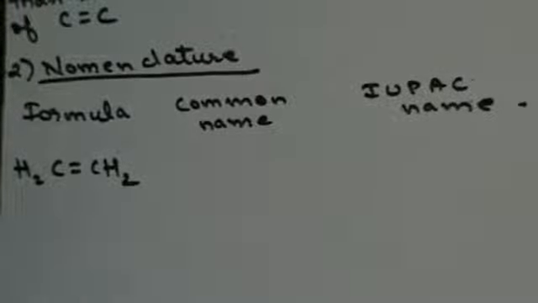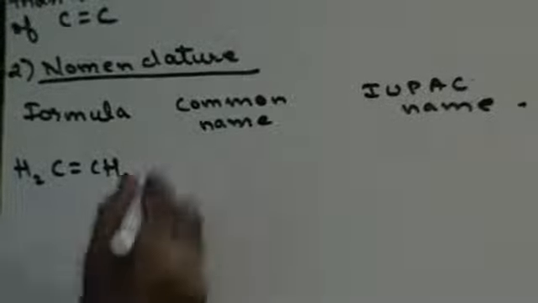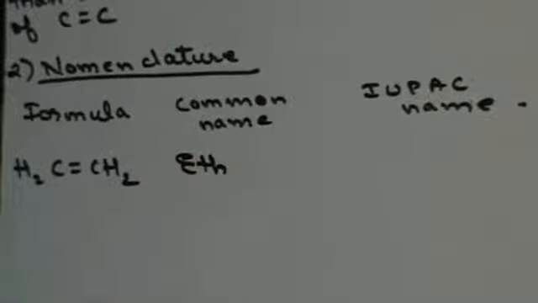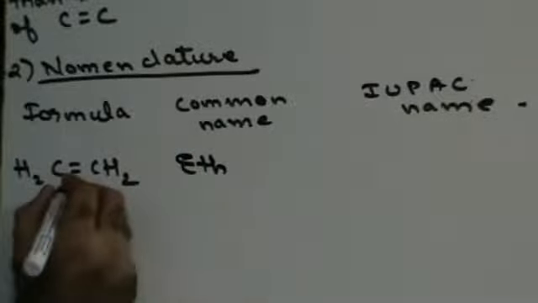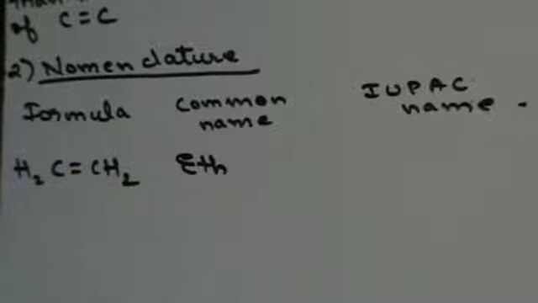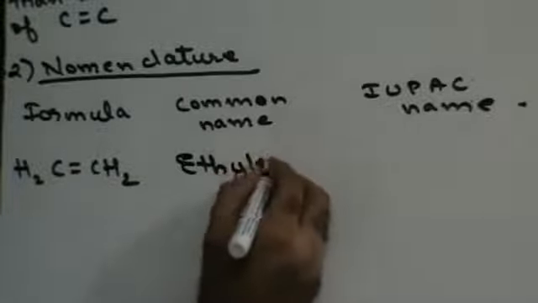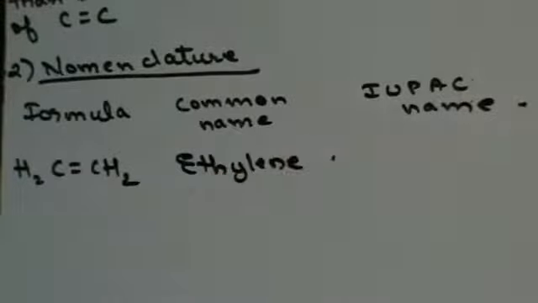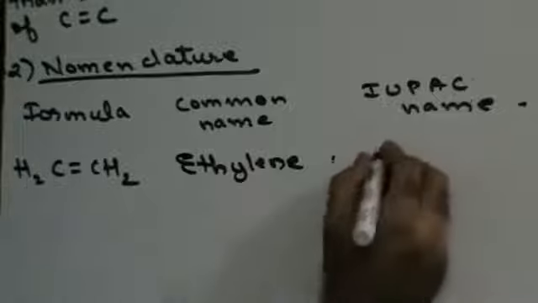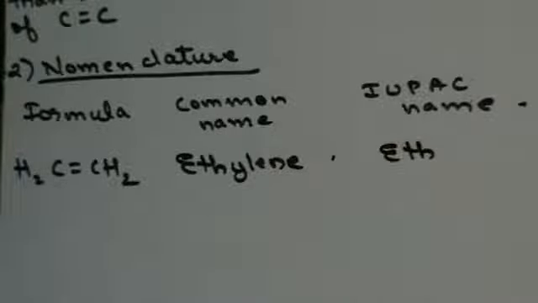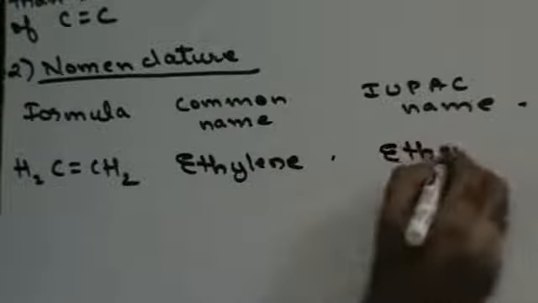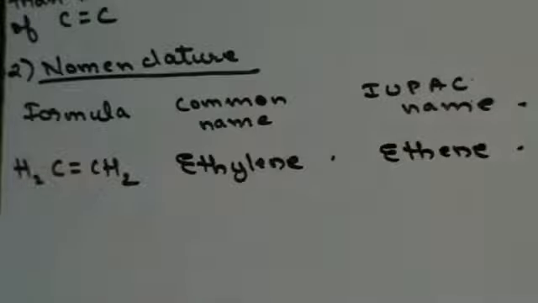There are 2 carbon atoms, therefore this is going to be ETH. For common name of alkenes, it is YLENE. So this is going to be ethylene, double bond, therefore YLENE, right? The IUPAC name, 2 carbon atom ETH. For IUPAC name, if there is a double bond, you put ENE. So this is ethene. So common name is ethylene and IUPAC name is ethene.